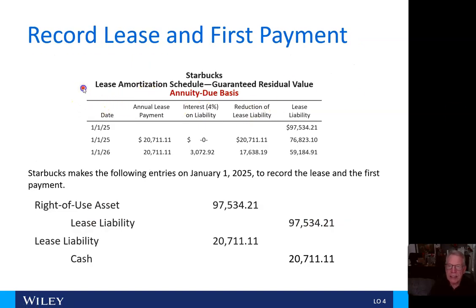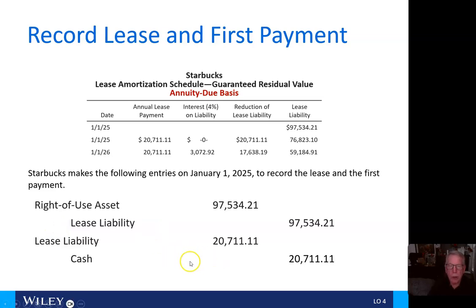If we look at the lease amortization schedule under the guaranteed residual value here, under an annuity due basis, we see that it's going to be $97,534.21 on January 1, 2025. So we record that here as a debit to right of use asset and a credit to lease liability.